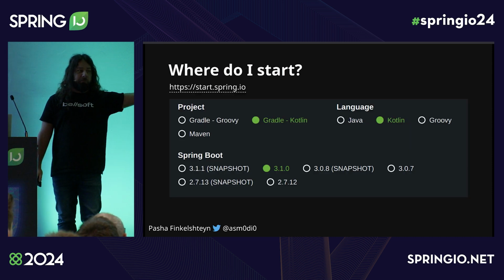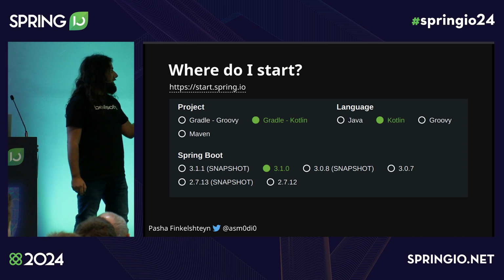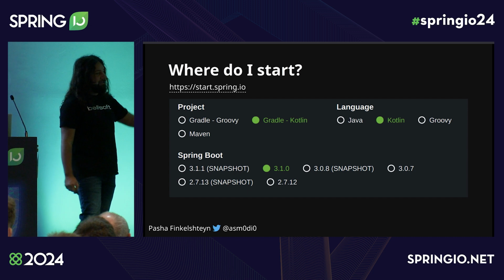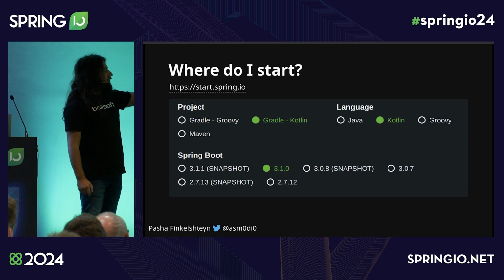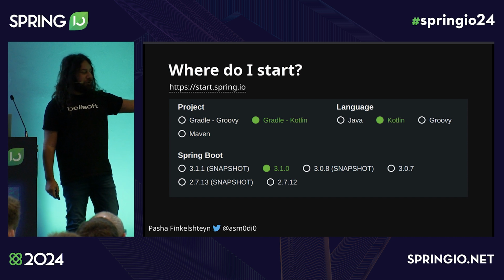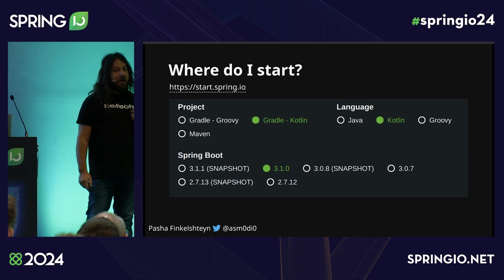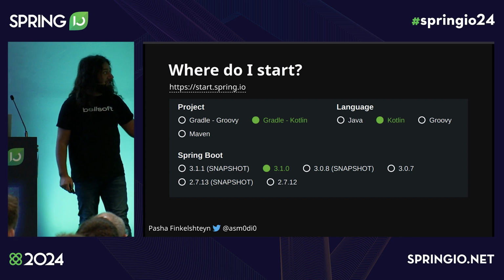I always start from start.spring.io, just because it's the easiest. Oh, wow. It's old. Sorry, don't look at this slide. You get the basic idea, right? I try to use the latest version of Spring. I last tested it on 3.3, I promise. Everything works on 3.3, I just forgot to update the slide.